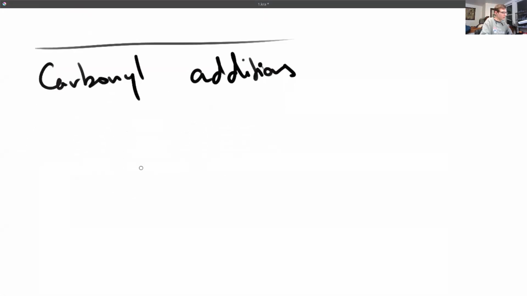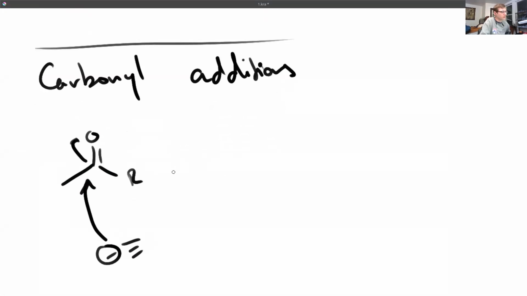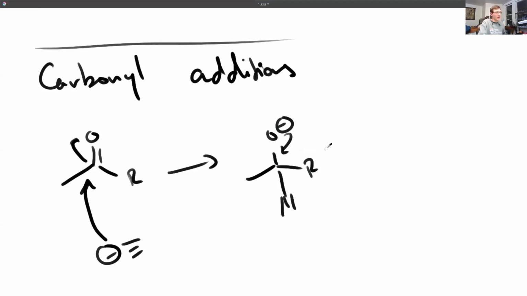So one class of these carbonyl additions is if we have this acetylide. So it'll kick that up. And then it depends what happens.